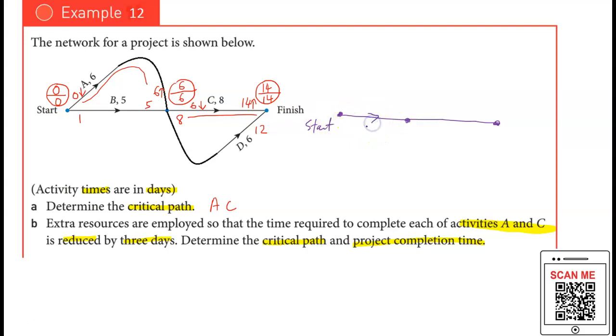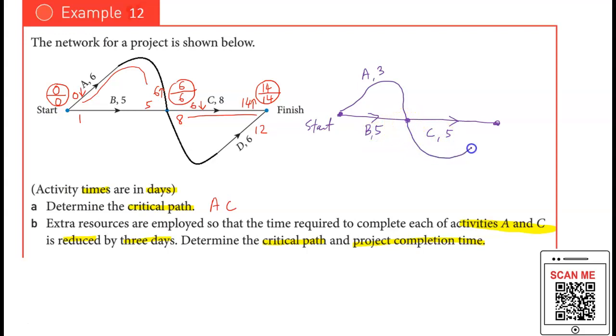This is B, 5. The C activity will be reduced from 8 by 3 days, so it becomes 5. For A, there is also a reduction of 3 days, so it becomes 3.